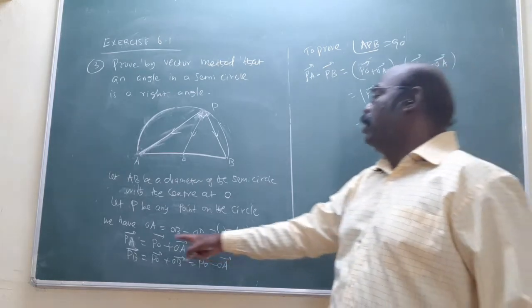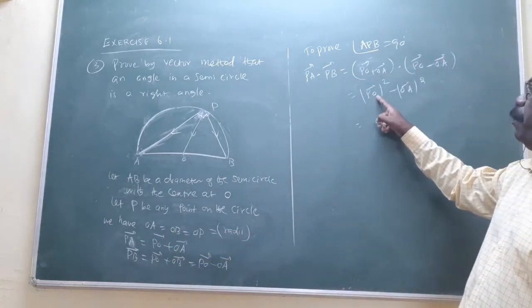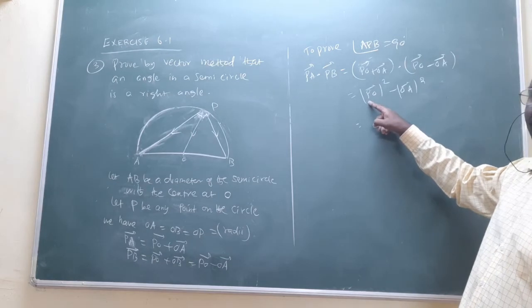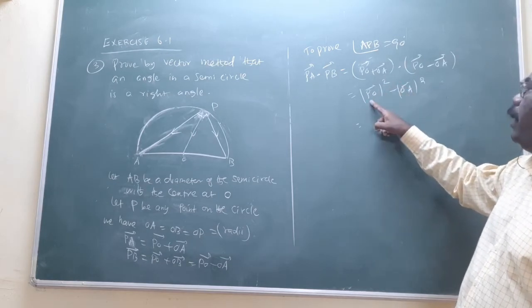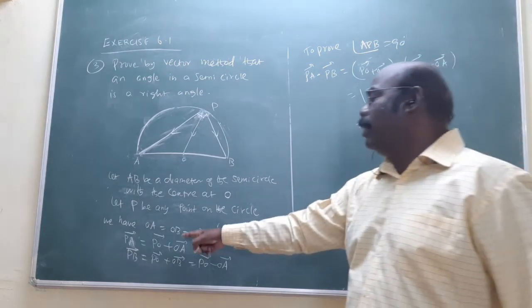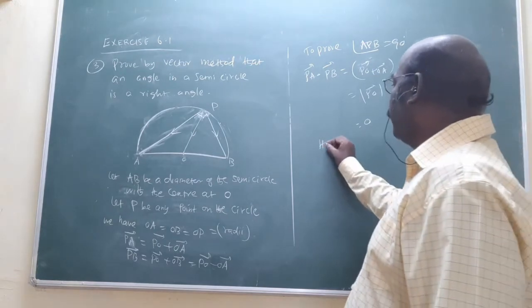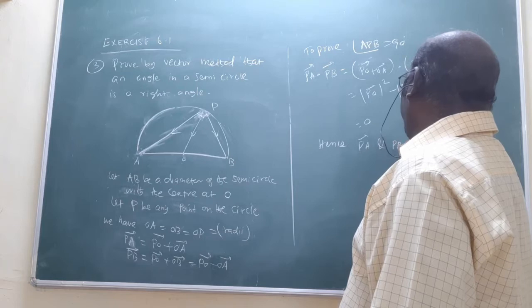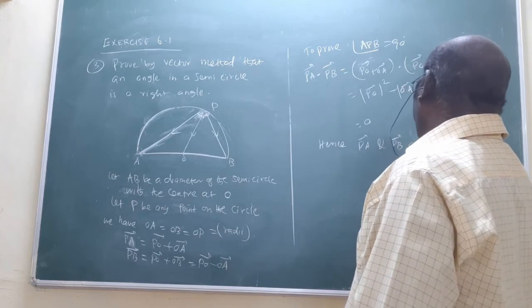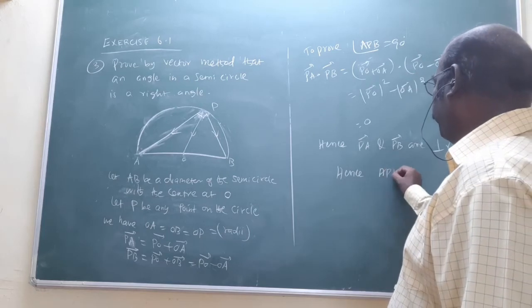Already told you the OA, OB, OP, these are all equal to the radius. Negative and positive. Anyway, OP and OA are equal. Already found out. In between minus there, 0. Hence, PA and PB are perpendicular. Hence, the angle is 90 degrees. That is that.